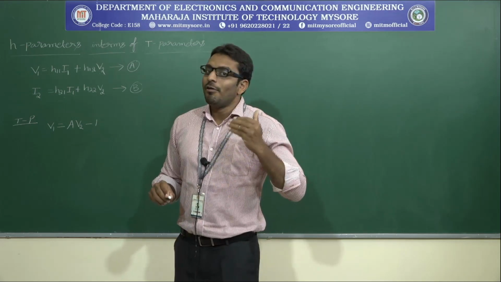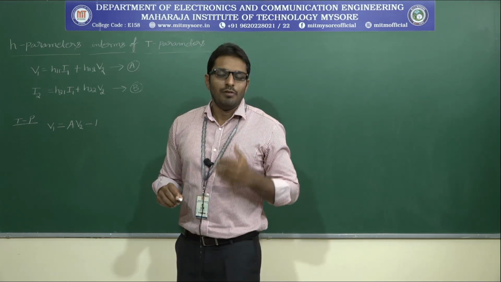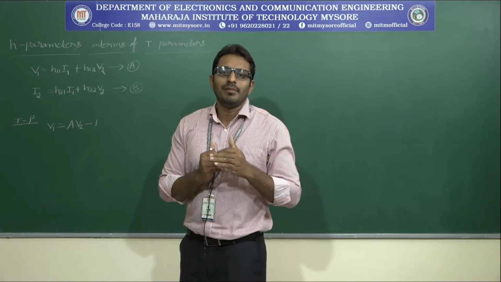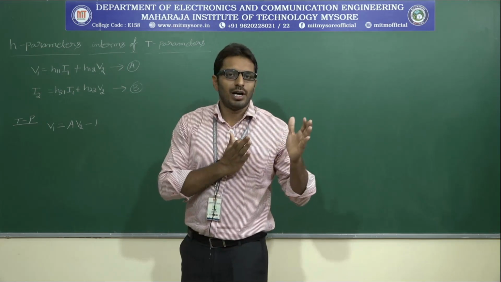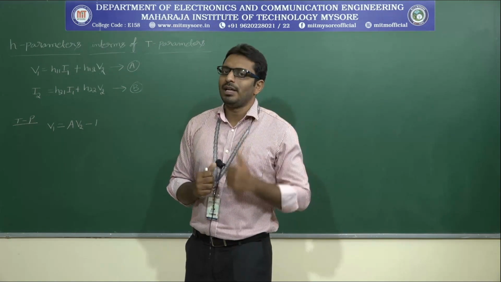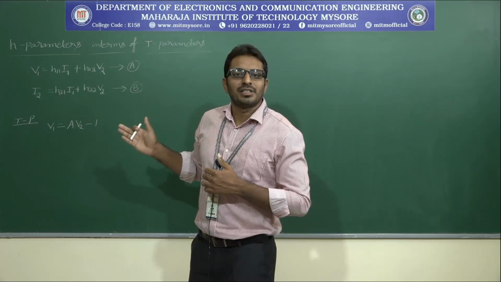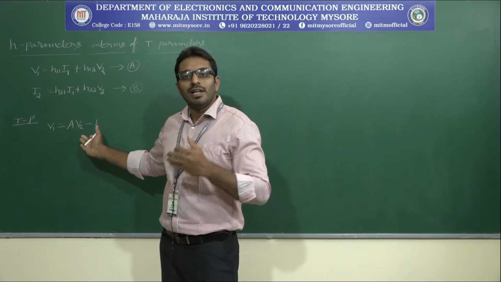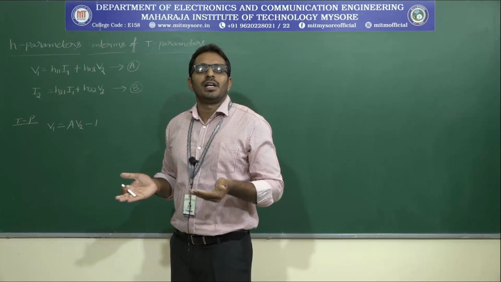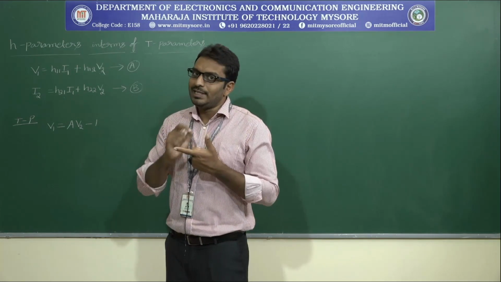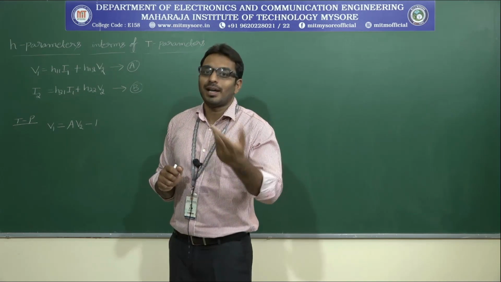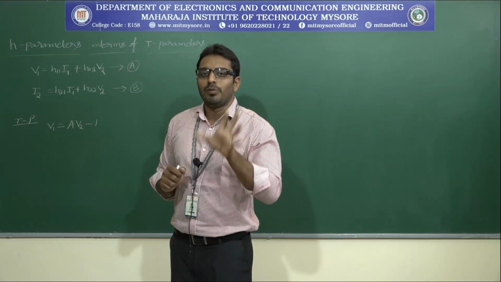8 equations means 4 sets of equations: 1 set for Z parameters, the next set for Y parameters, the third set for H parameters, and the final set for A, B, C, D parameters. By knowing these 4 sets of equations, you can easily explain any parameter with the equivalent two-port network.